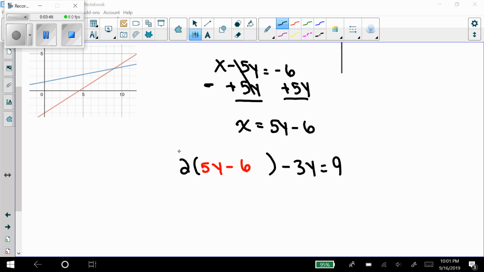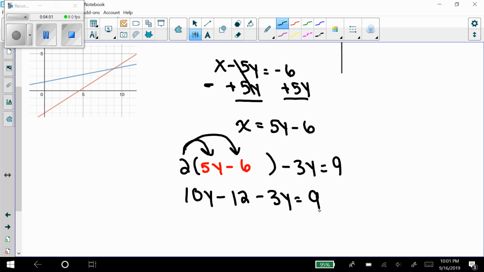So my first step to solve for y would be to distribute my 2. So I'd be left with 10y minus 12 minus 3y equals 9. I'm going to combine like terms. So I have a 10y here and a negative 3y here. That would give me 7y minus 12 equals 9.